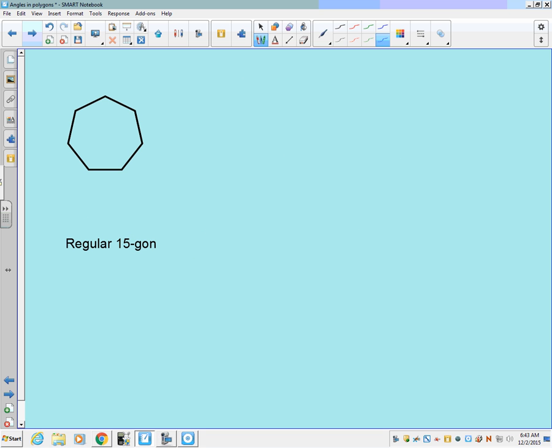If I look at another regular polygon, all of the sides, this looks like there's 7 of them. All 7 sides are the same. Our sum of our angles is going to be 7 minus 2 times 180. So 5 times 180. Well, that makes a total of 900.